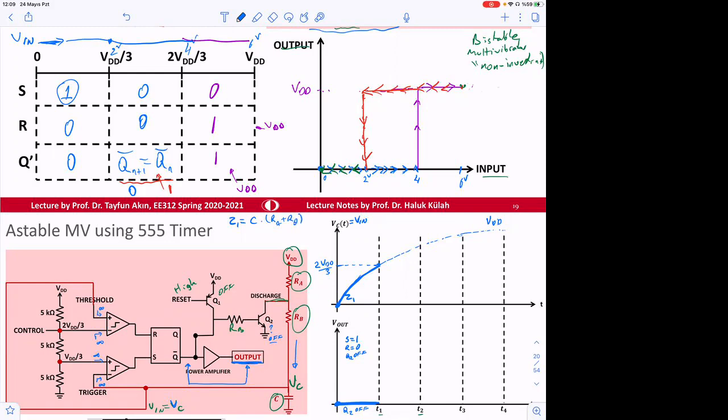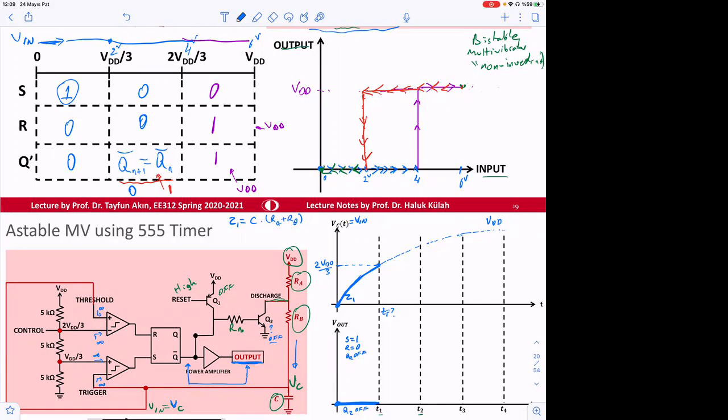We know everything, so we can extract tau 1, but right now we are just looking at the general operation of the circuit. Our goal is not to determine tau 1 right now. We will be determining that later on.